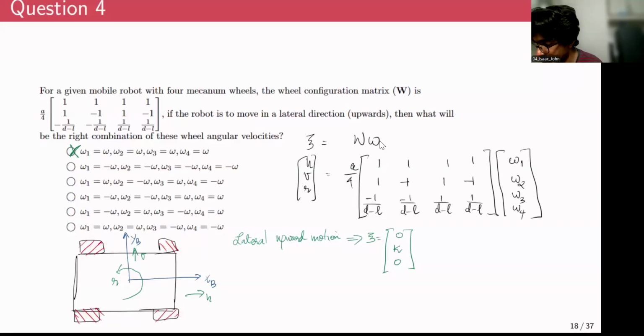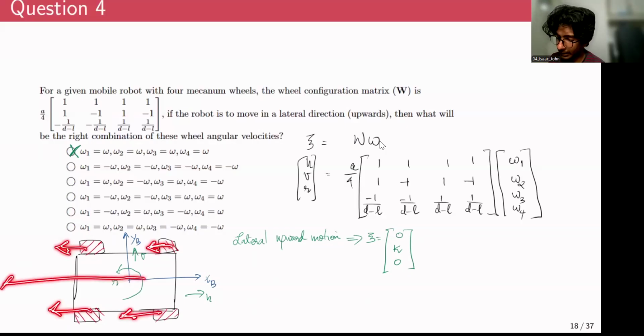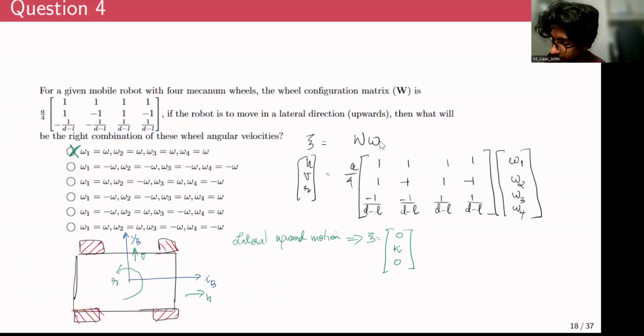And what other options can you eliminate? What about the second option? The second option says wheel 1 goes in the negative direction, wheel 2 goes in the negative direction, wheel 3 goes in the negative direction, and wheel 4 goes in the negative direction. All are equal magnitudes. So the mobile robot will go in the longitudinal direction, but in the negative sense. So we can also eliminate option 2. What about option 3?